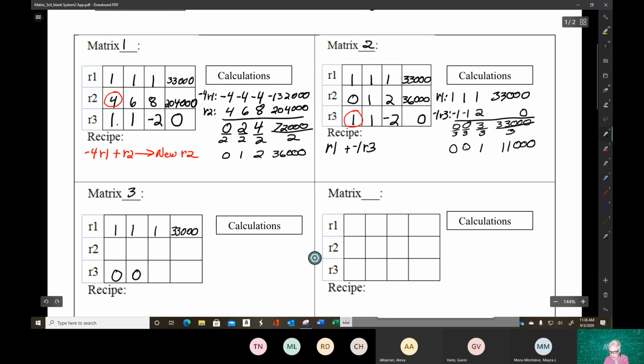That was 0, that was 0. 1, 11,000. And we would have 0, 1, 2, 36,000.